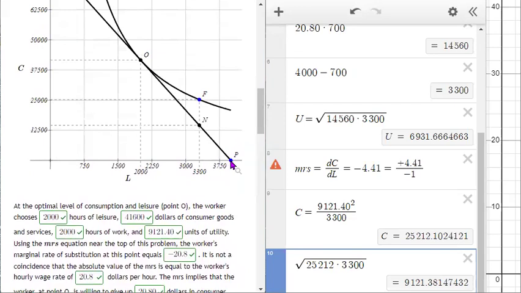Point P is what we call the endowment point. This person does not get an allowance, so the allowance is 0, because the height of point P is 0. An allowance could be like a trust fund payment per year, where it doesn't matter how many hours a year you work, you get that same amount every year.